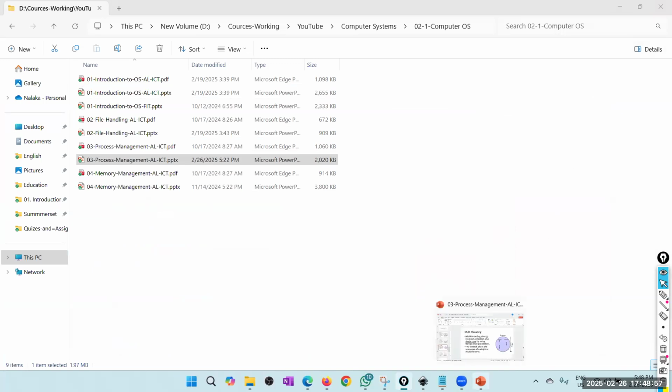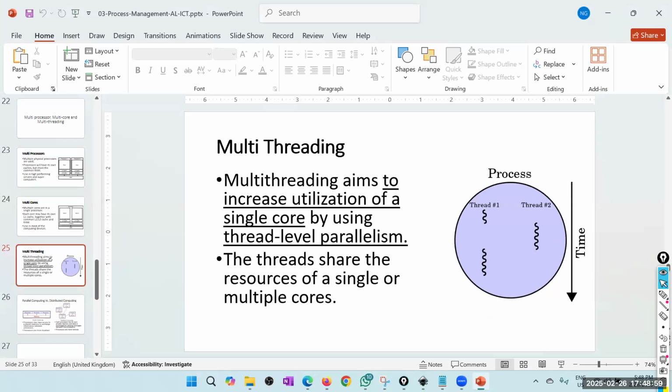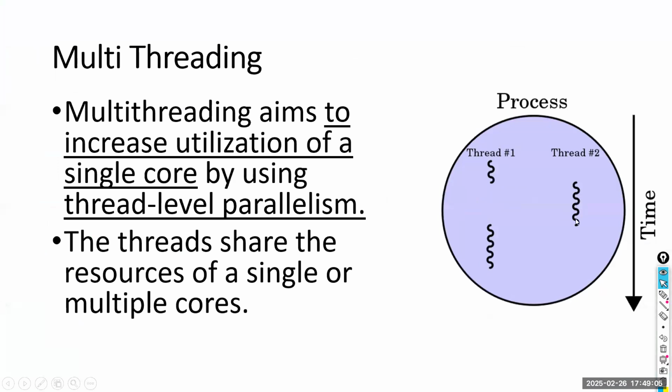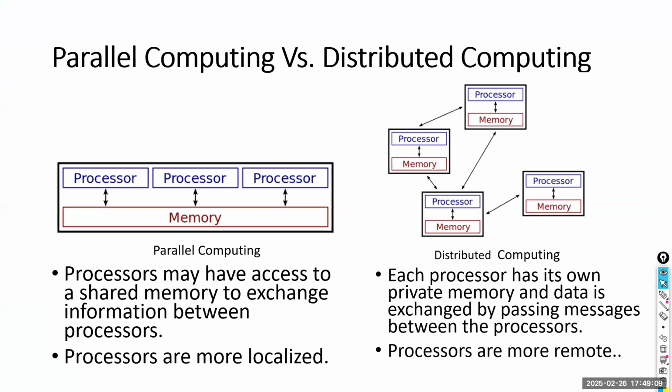But sometimes they do it at a very unfair level as well, so that other programs become slow. Okay? Right, so that is called multi-threading. Right. So then our final concept is parallel computing versus distributed computing. This is also related to processing.